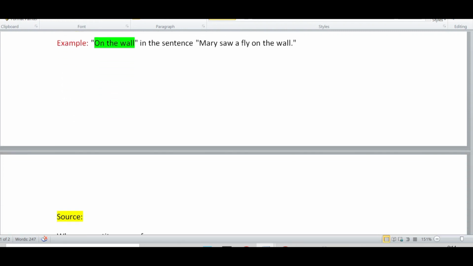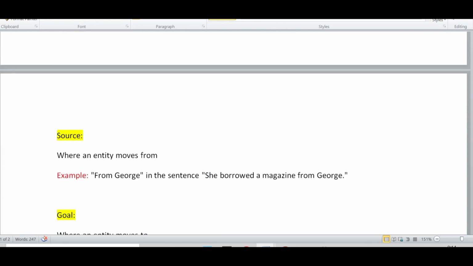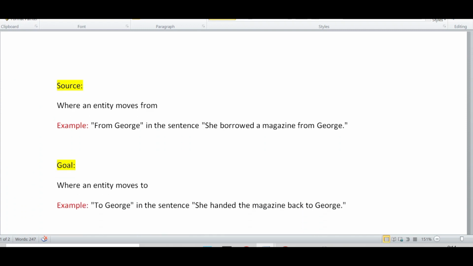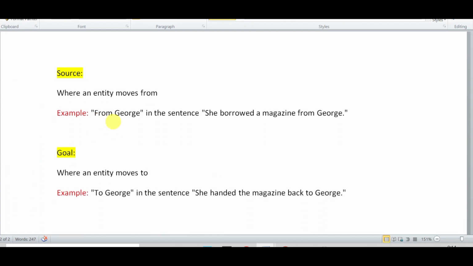Next is source, where an entity moves from. It is very easy. For example, in the sentence, she borrowed a magazine from George, George is our source. From is the place from where something comes, called our source.